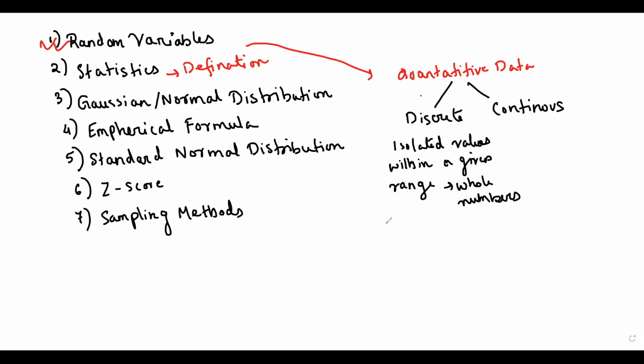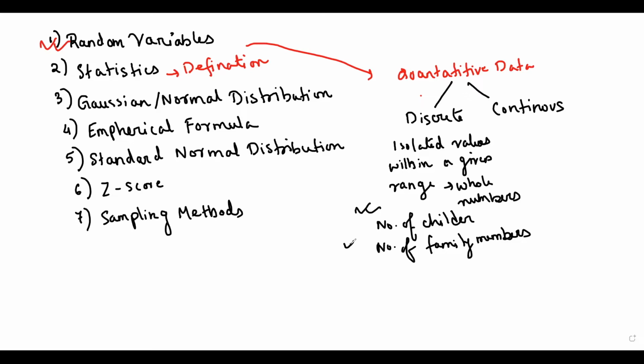So for example, let's say the number of children you have, right? Out of 10, you may have 3. In a given range of 10, you may have 3 or 5 or 2. So this is an example of a discrete random variable. One more example may be the number of family members in your family.